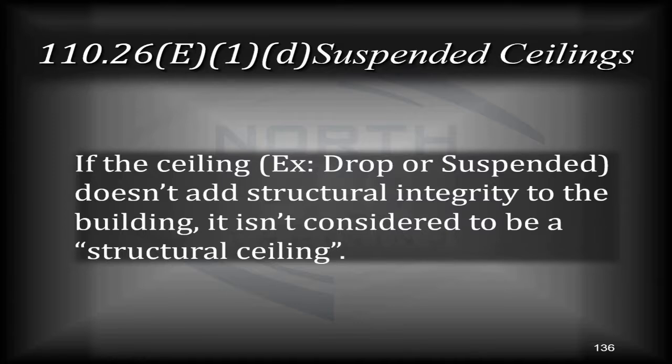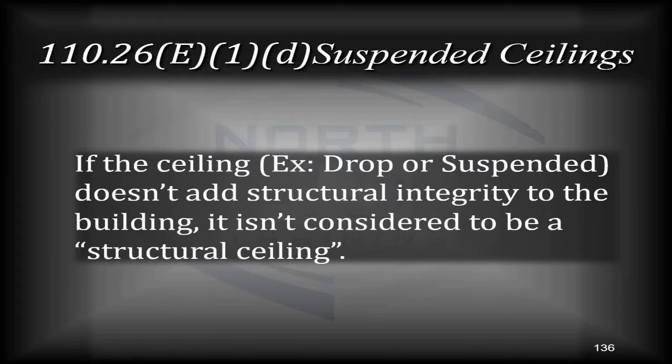110.26 E1d, suspended ceilings. If the ceiling, like a drop or suspended ceiling, doesn't add structural integrity to the building, it isn't considered to be a structural ceiling. That's why we were talking about earlier, just a few minutes ago, about your dedicated space above the actual equipment.